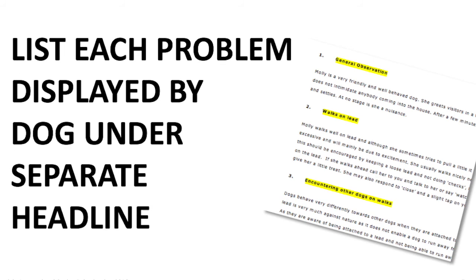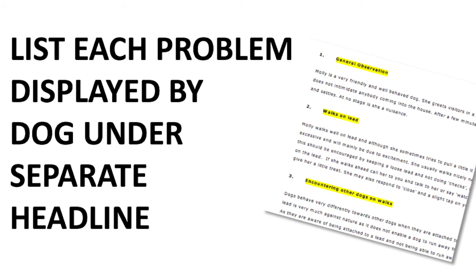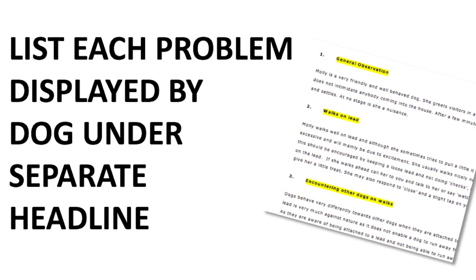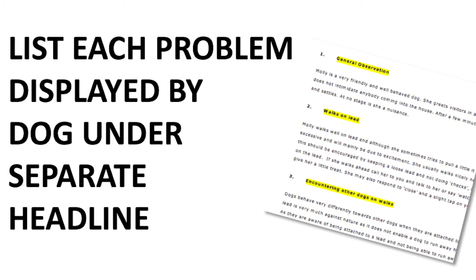They don't have to read through pages and pages. If you just write a letter to them and mention all the problems in letter form, they have to read through the letter every time before they actually get to the point they want to refer to.